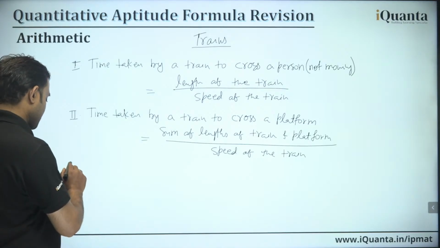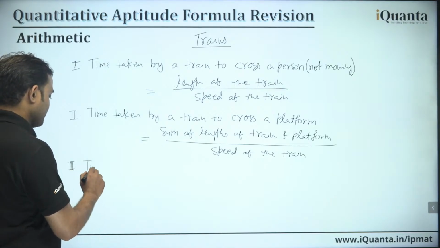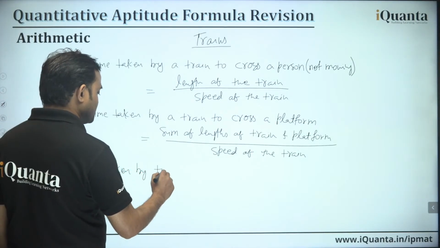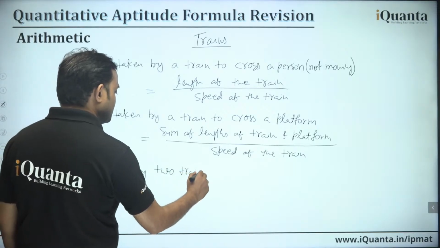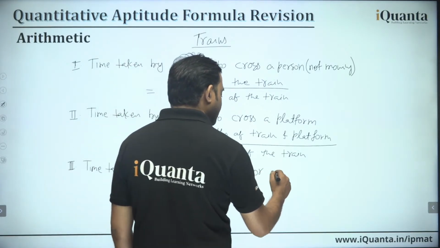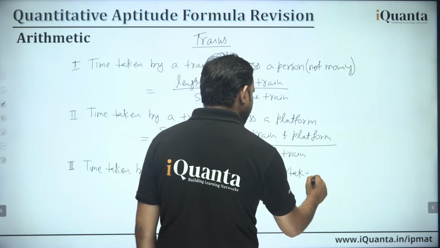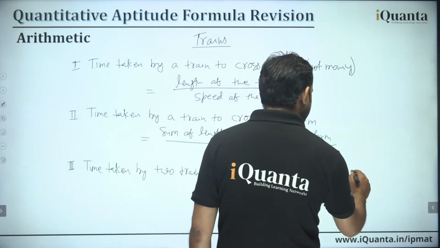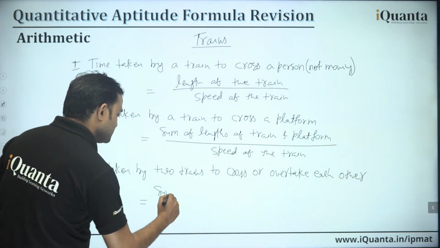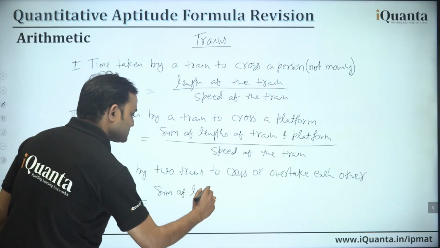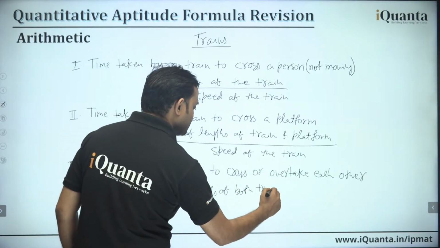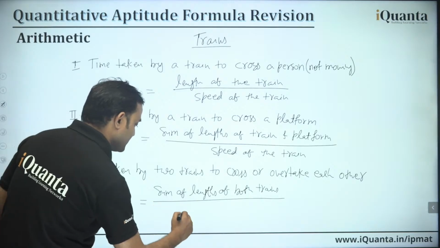Then comes the time taken by two trains to cross or overtake each other. This will be equal to the sum of the lengths of both trains divided by relative speed.